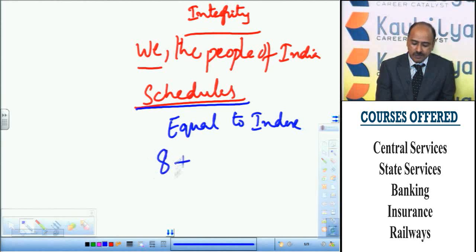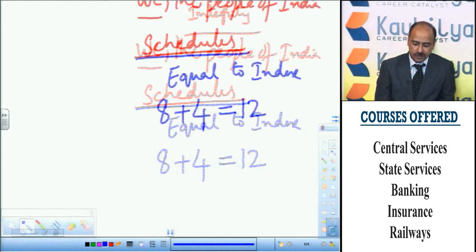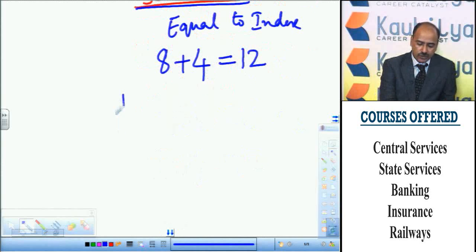Basically there were 8 schedules, and in a later period 4 schedules were added. That's why a total of 12 schedules are present in our constitution. First, schedule 1.